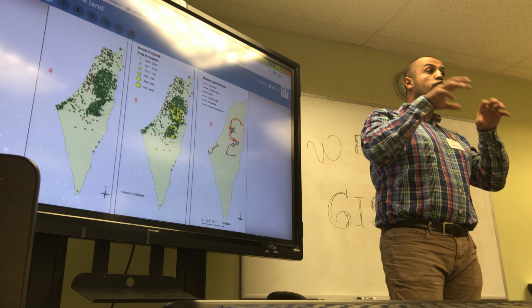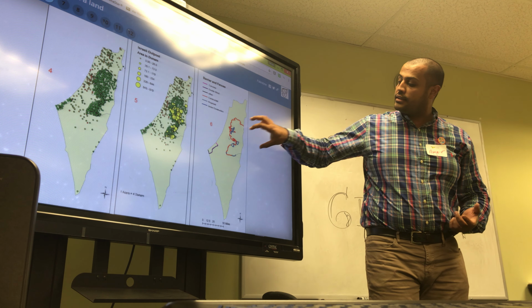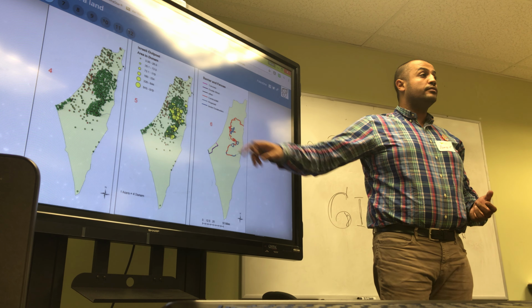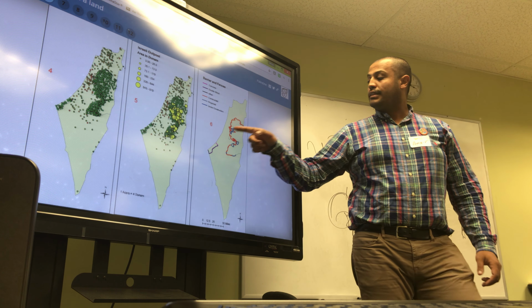A guy went to the land and he has his rifle and he said, this is my land. It's also against the Israeli law. The yellow ones are even illegal by Israeli standards. They don't know what to do about it. So the Israeli regime started to build borders and a big wall around the Palestinians in this area and in this area. This is called the West Bank and this one called Gaza.